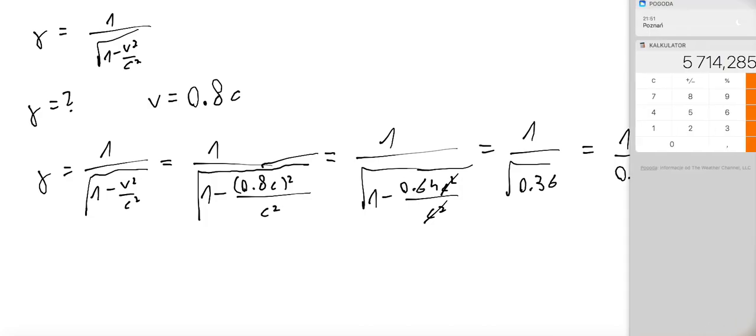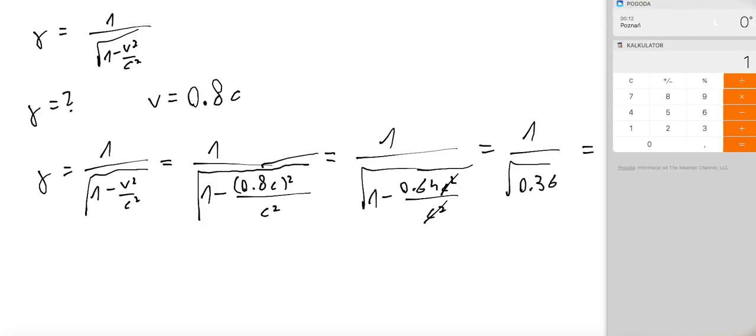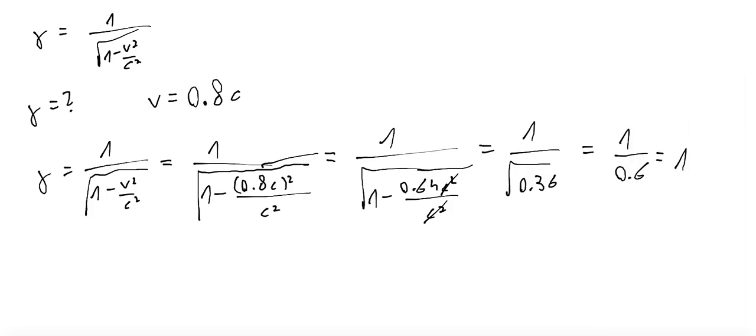My powerful calculator says that 1 over 0.6 is equal to 1.67. So the Lorentz factor is equal to 1.67 for this particular example.